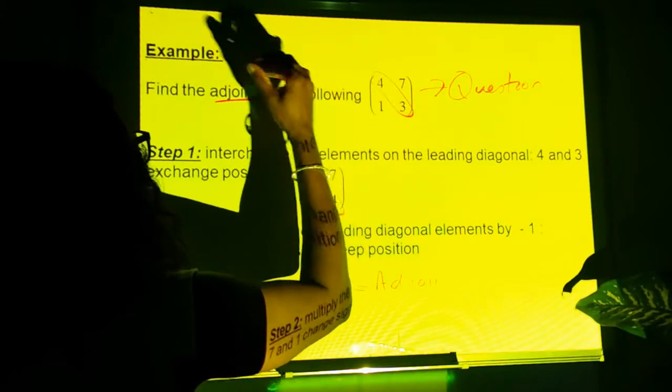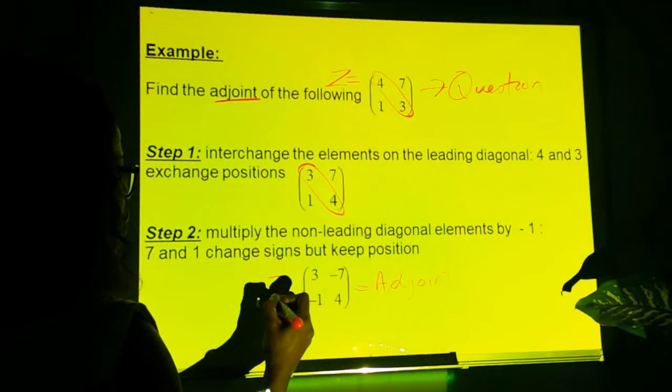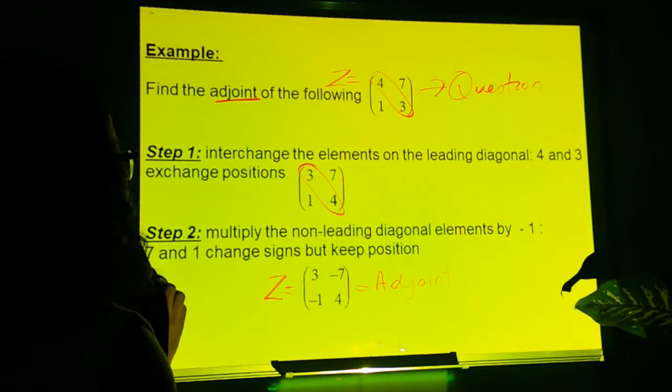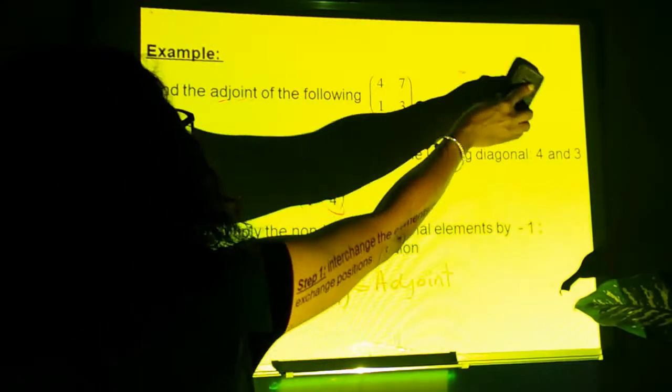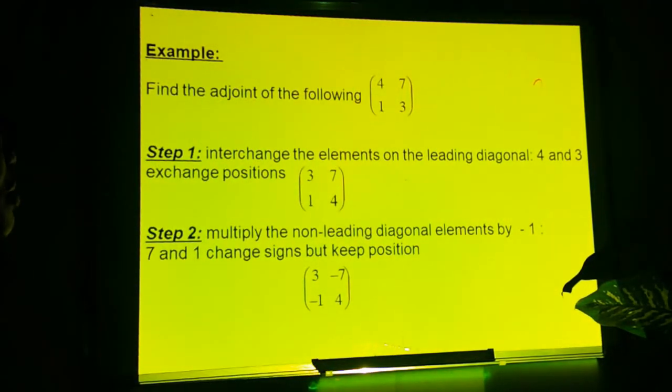Let's call it Z. So the adjoint of Z is 3, -1, -7, and 4. Is that clear? Alright. So follow those 2 steps to find the adjoint. I'll pause a while so you can take your notes, or take a picture. Alright, moving on.